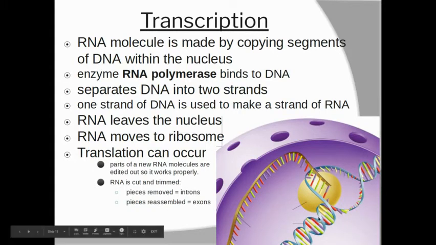Here's your DNA strand, and that messenger RNA strand is going to leave the nucleus. It's going to travel out into the cytoplasm and move to the ribosome. That's where translation can occur.